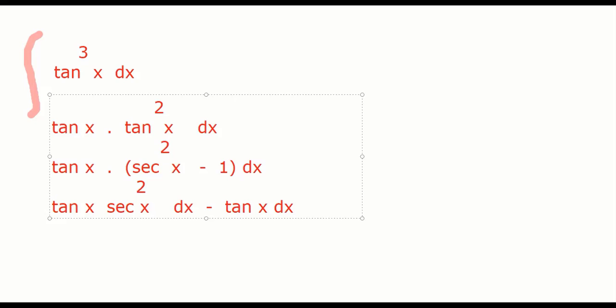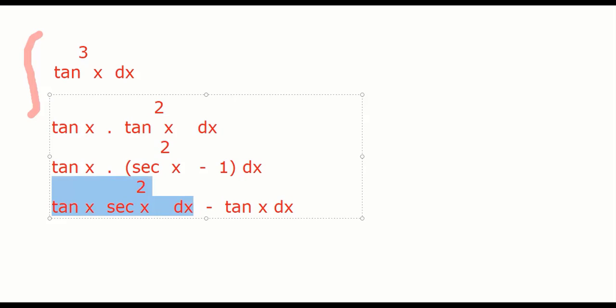Correct? Now is it easy? Now tell me everyone, integration of tan x into secant square x dx, we can do or not? This tan x integral we already know. So not a problem. The main problem is integration of tan x secant square x.